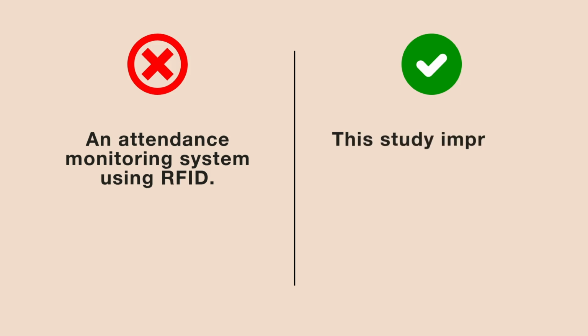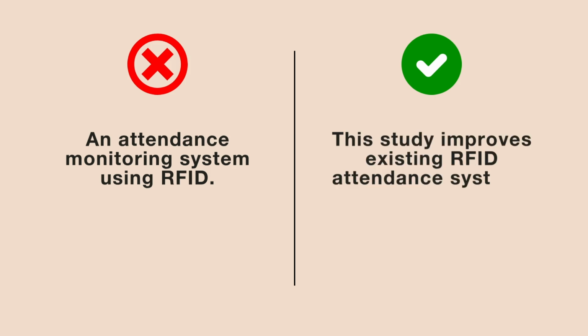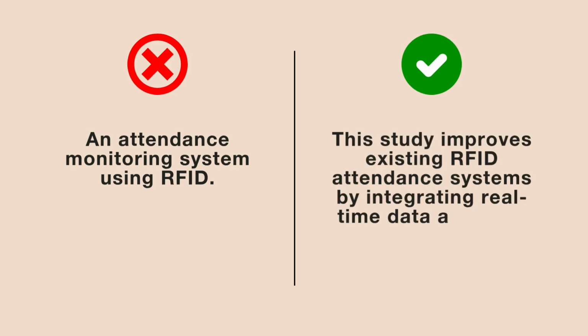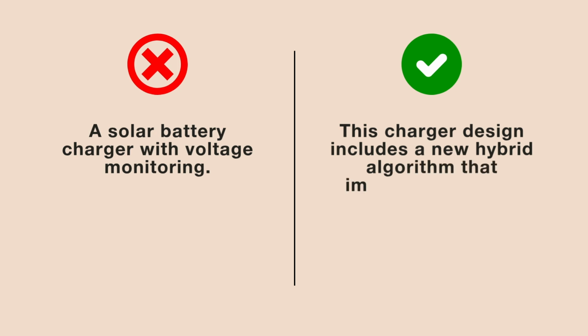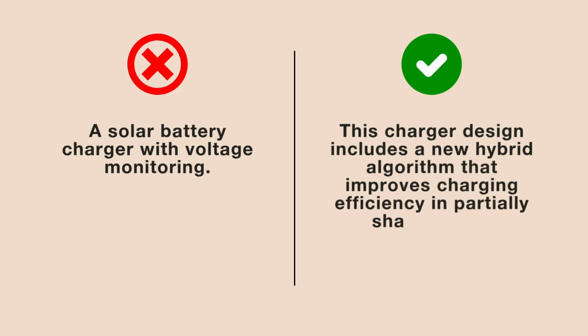Novelty doesn't really mean that you're going to be creating or inventing something from scratch or something totally new, but your project should still make a unique contribution. Example of reframing this: we can say this study improves existing RFID attendance systems by integrating real-time data analytics for remote monitoring. Or this charger design includes a new hybrid algorithm that improves charging efficiency in partially shaded solar environments.